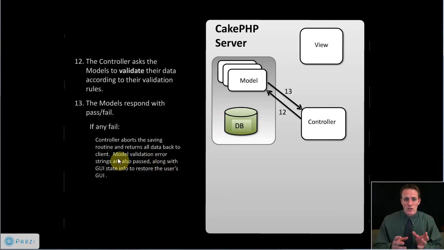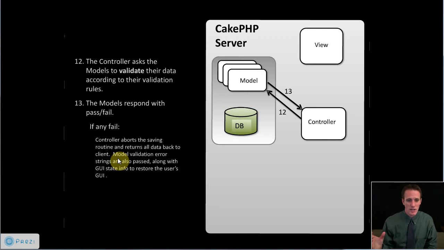the models actually store a validation error string. If a validation rule did not pass, it will actually return the error strings somewhat behind the scenes to the controller. You don't actually have to do much except propagate back to the view the user's data.